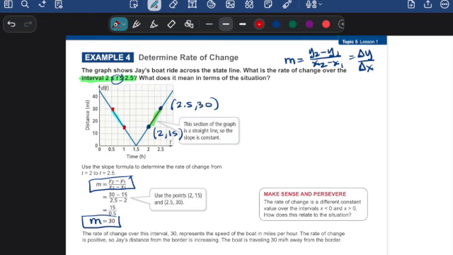Well, it looks like it's going to be the same slope, same value, but it would be negative because we're getting closer to the state line. So our distance is decreasing. So when you're calculating rates of change, make sure you're looking at the intervals for the inputs. And just use your slope formula.